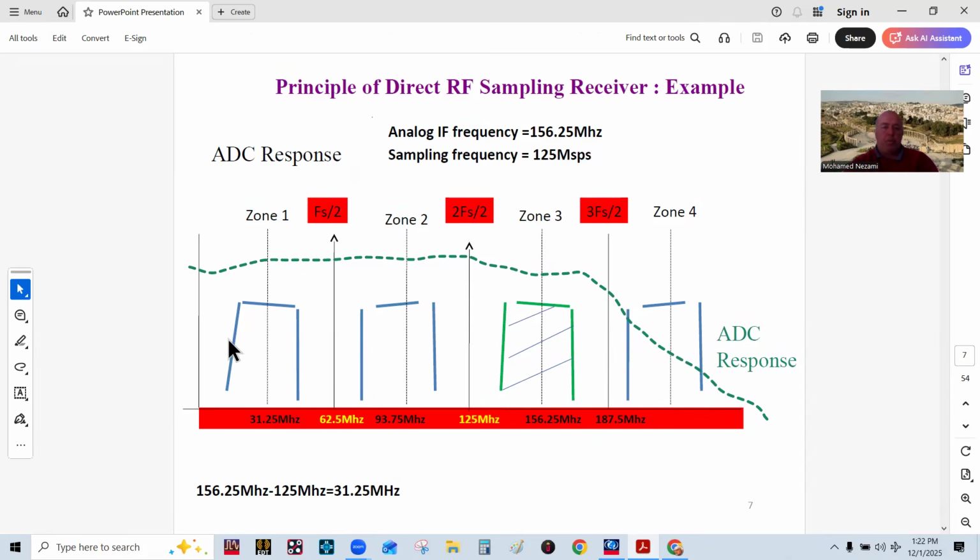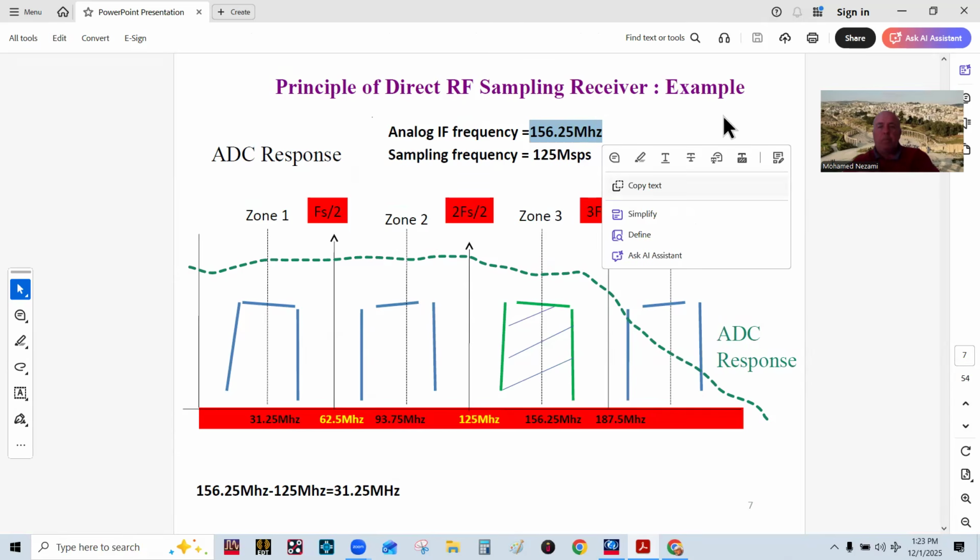The first zone is from DC to 62.5. The second zone is between 62.5 and 125, which is FS. And the third one is the next one, 125 to 187.5. But guess what? That zone is really where this IF is.